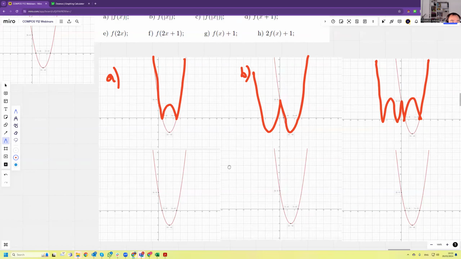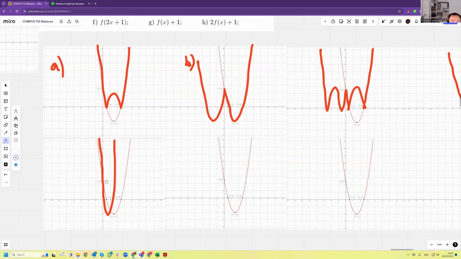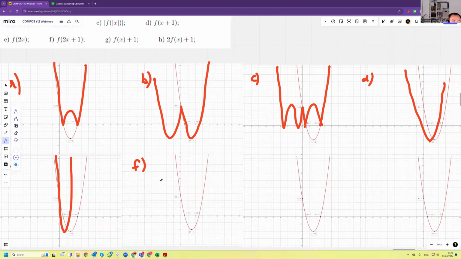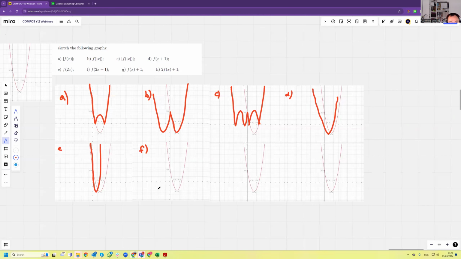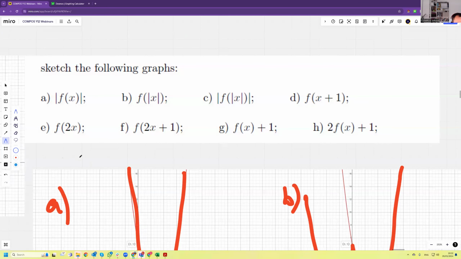f of 2x, that is a horizontal stretch, so that it goes like this, becomes narrower. Okay, so C, D, E, F, 2x plus 1. Now that's a tricky one. So you could rewrite it as f of 2x plus 1/2.